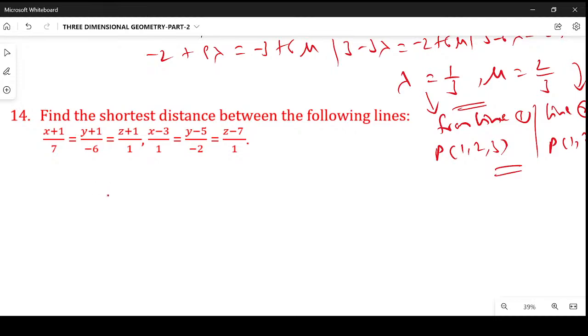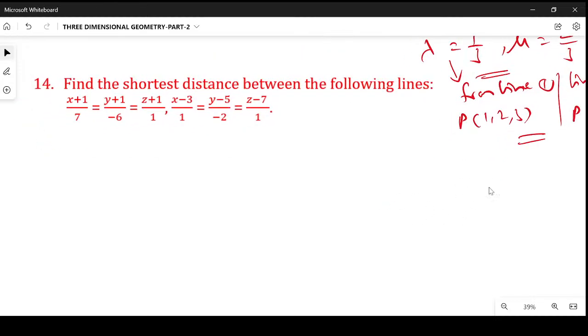Taking the first line, I can write a1 bar and b1 bar. a1 bar is the point (-1, -1, -1), and b1 bar is the direction ratios of this line, 7, -6, 1.